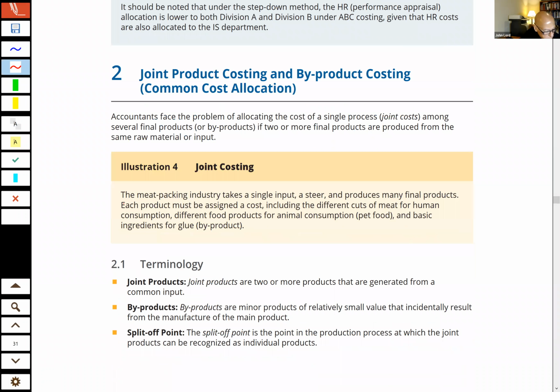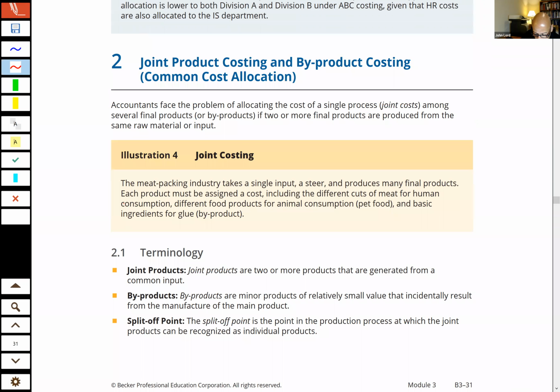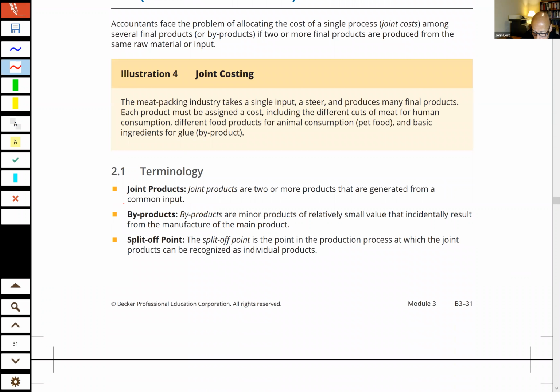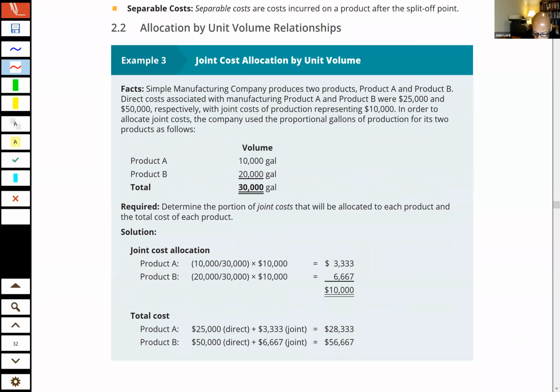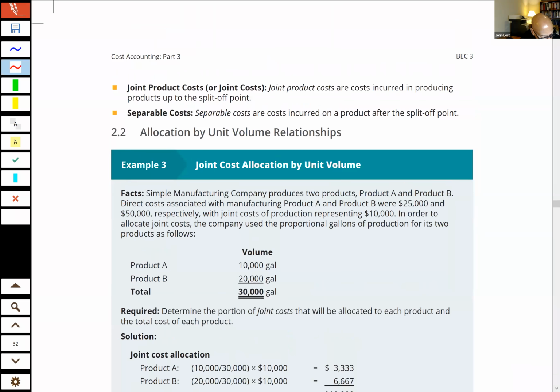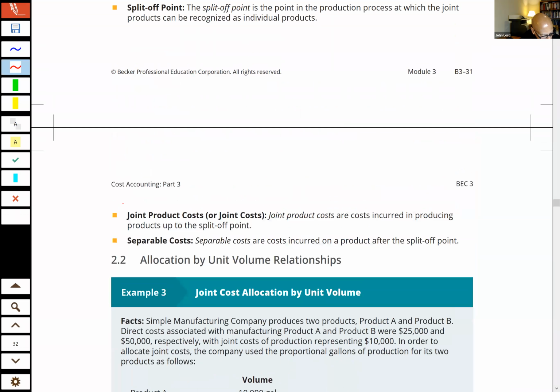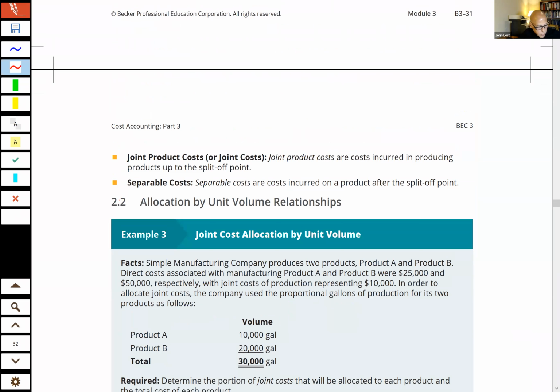We don't have time to do joint costing properly, and I don't want to rush it. I could try to do it in 9 minutes, but I can't. Unfortunately that puts me in the position where I'm going to have to stop in the middle of a module.